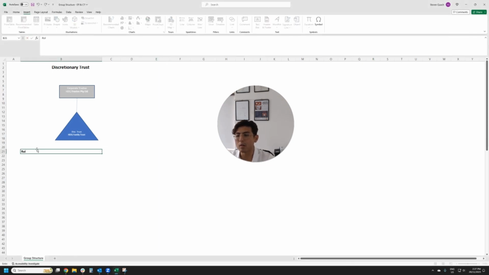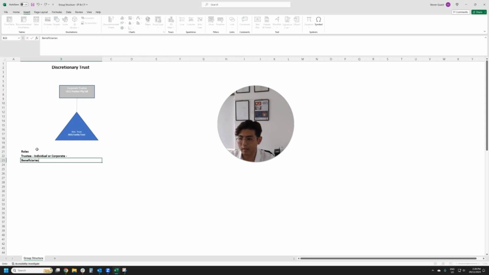So the main roles that exist in a trust would be the trustee, which would be the legal owner, which can be both individual or corporate trustee. The best practice is to use a corporate trustee because it's easier to manage and you have the flexibility to change the directors.